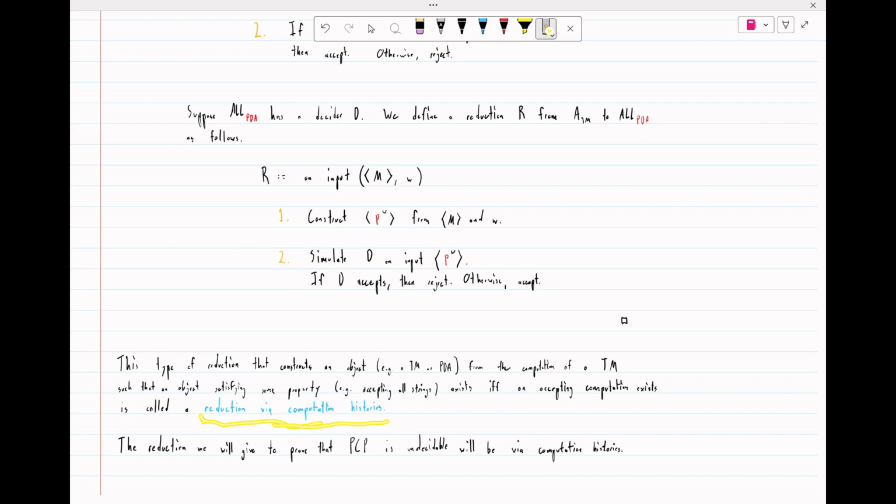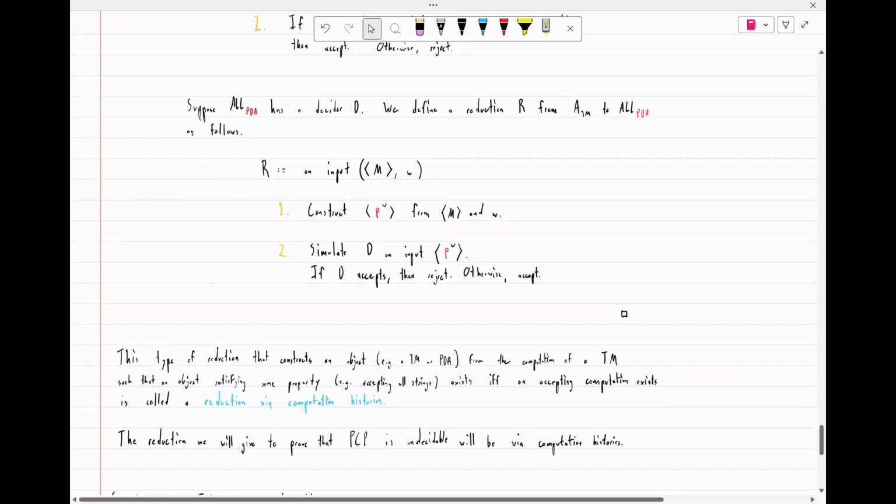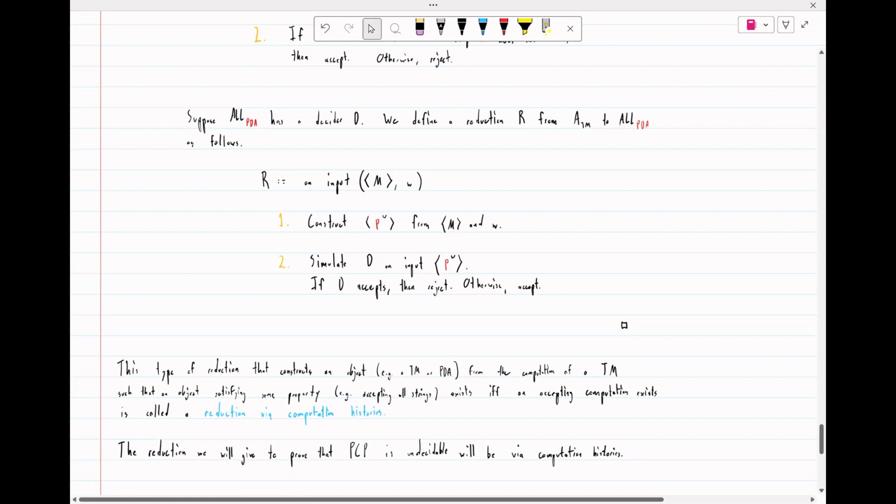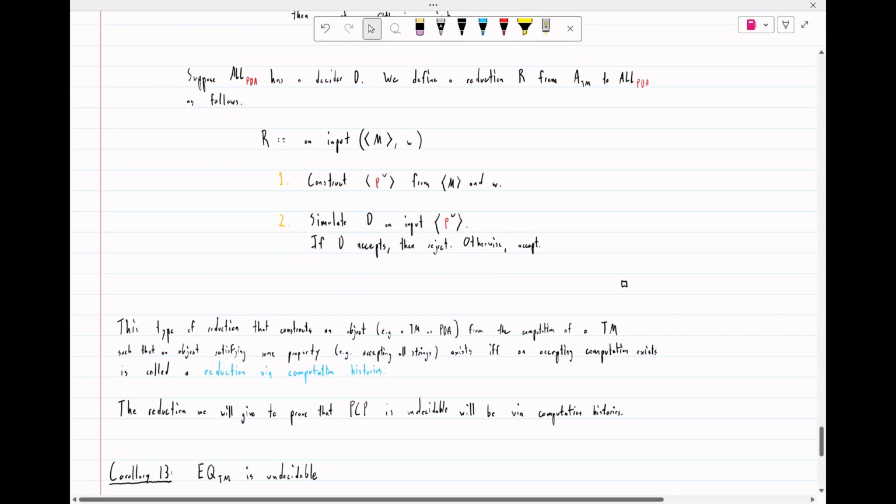It's not hard to see why it's called that, because we turned the possible computation histories into a language. And next time, the reduction that we will give to prove that the post-correspondence problem is undecidable will be via computation histories.